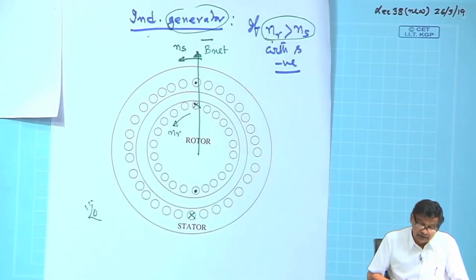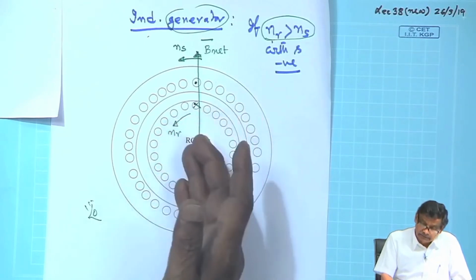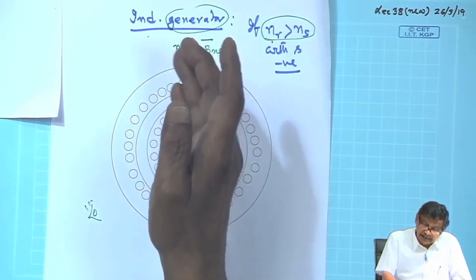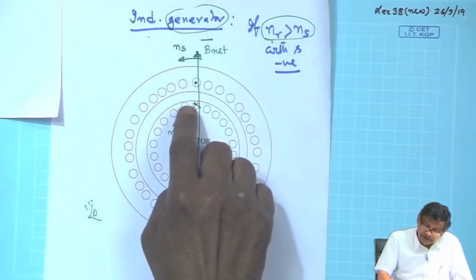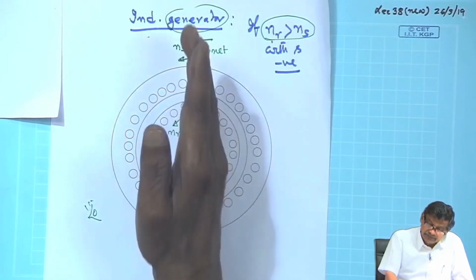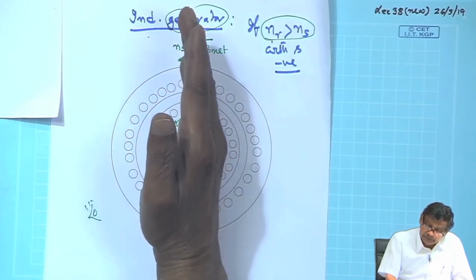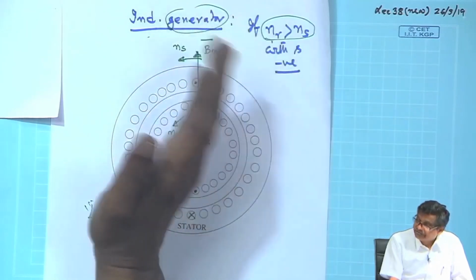Now, the question is, which conductor will carry current? Now, this n r is greater than n s. Okay, and if you are sitting on the rotor, this field will appear to move in the opposite direction.